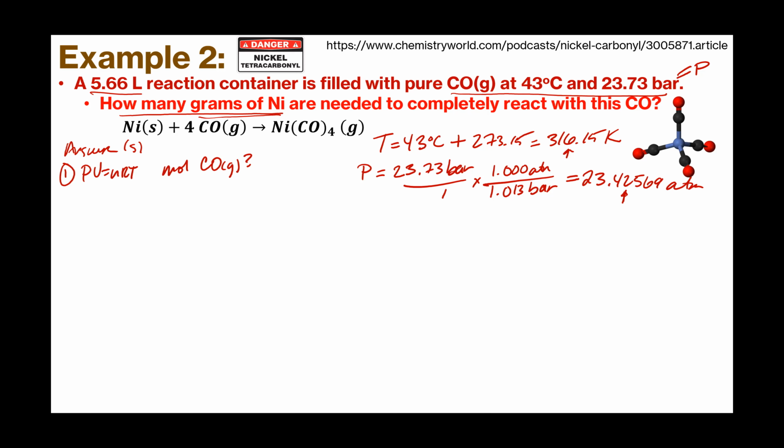What else we got? We have liters. We're looking for liters. R is just R, so we're good. Now we're going to take PV equals nRT and we're going to solve it for moles. That's always n equals PV over RT. Okay. The pressure we just found out, 23.42569 atmospheres.